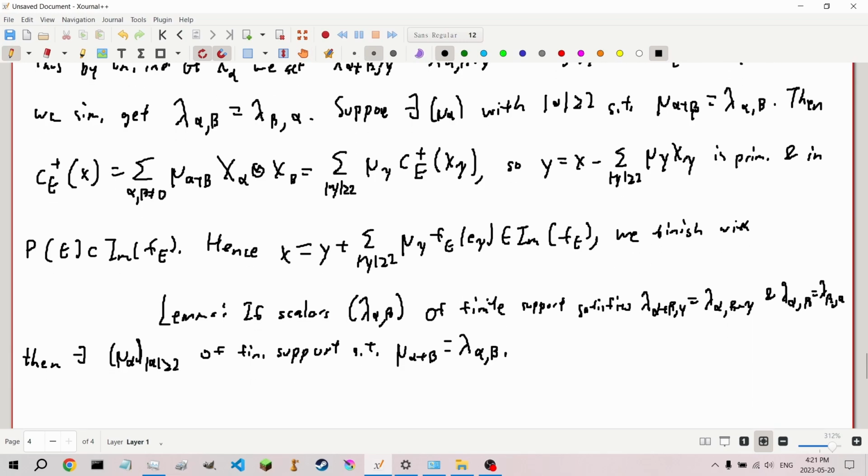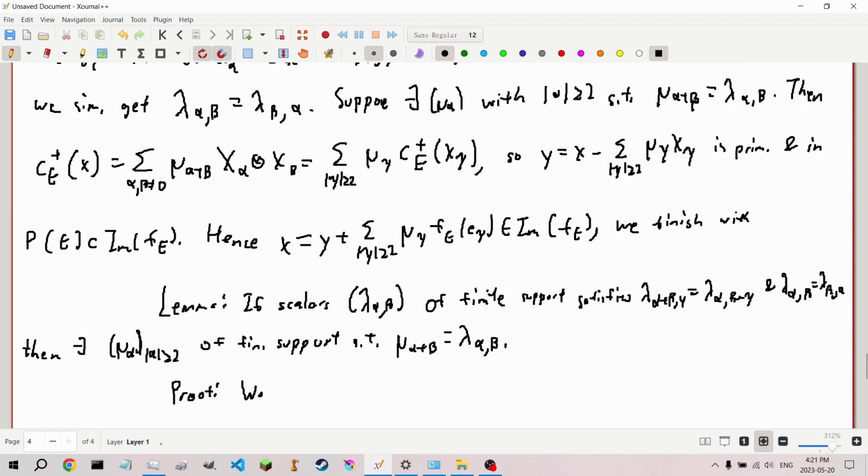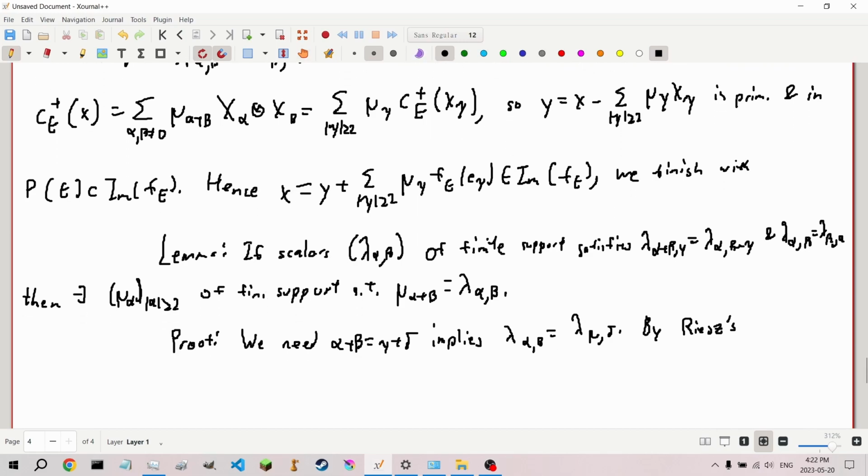In the proof, we need that alpha plus beta equals gamma plus delta implies that lambda of alpha, beta equals lambda of gamma, delta, by Riesz's decomposition lemma.